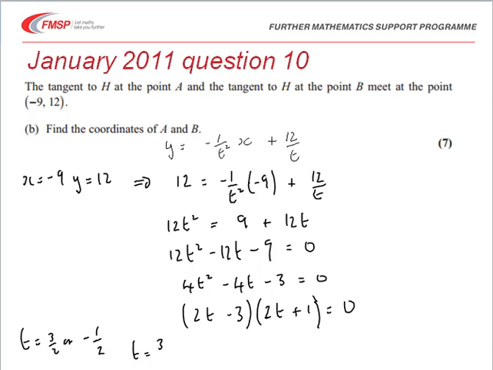t is equal to 3 over 2. Substituting that gives us the first point. So simply substituting that into our standard parametric values that were given at the start, it was 6 multiplied by t, so 6 multiplied by 3 over 2, and then the y value is 6 over t, so 6 over 3 over 2, and that is equal to (9, 4).